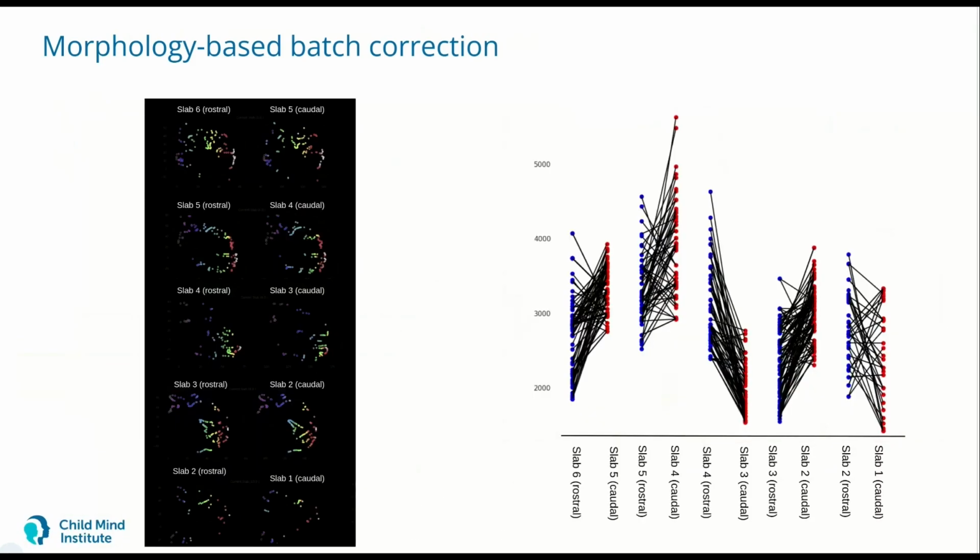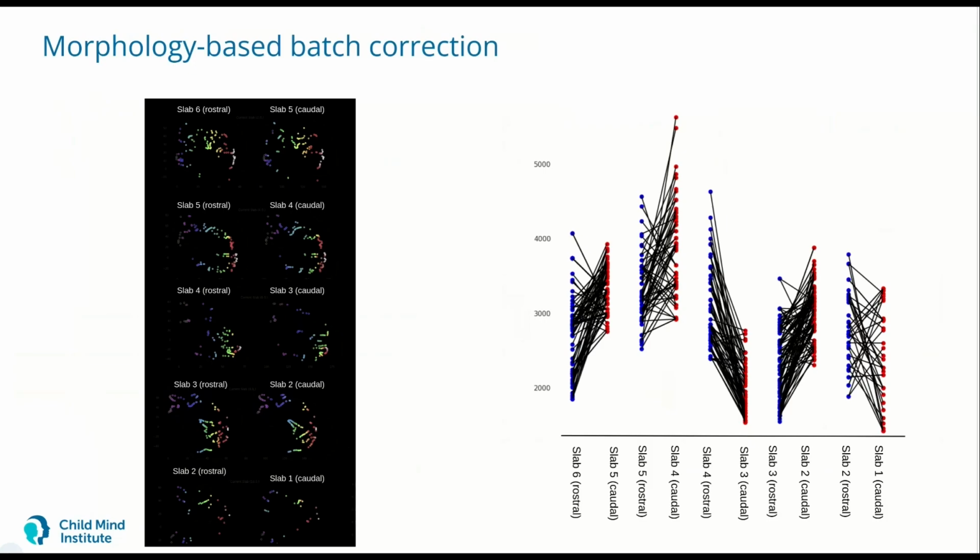To illustrate that a little bit, here we have the paired vertices in each of the adjacent bits of cortex. Here we have the rostral portion of slab 6 and the caudal portion of slab 5, and the vertices with the same colors are the ones that are paired together. What this looks like in terms of measured intensities is what you see here.